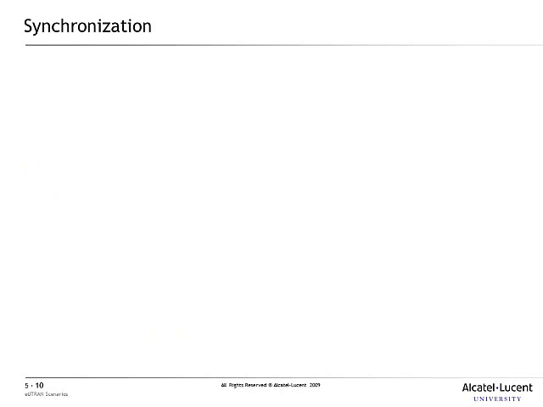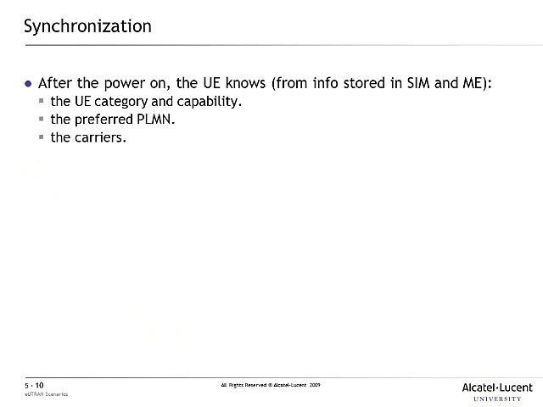So let's move on. We're going to look at synchronization, because remember, it is the first process that takes place. What happens in synchronization? Well, when you switch on a mobile, it has information stored in it. It has information stored in its SIM, and it has some information stored in its mobile equipment as well.